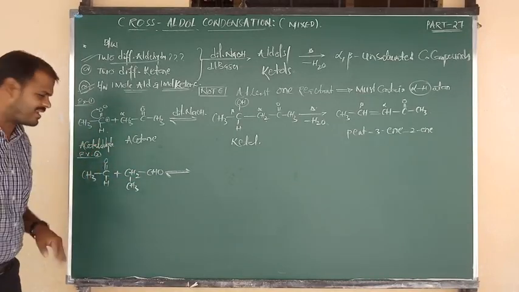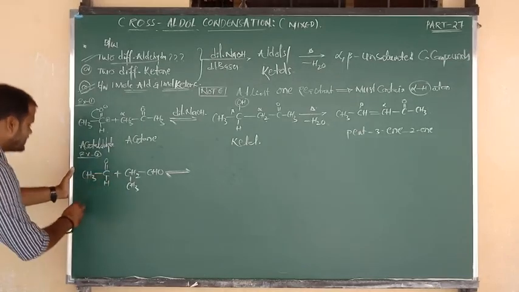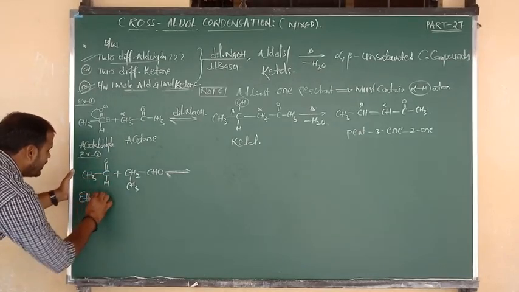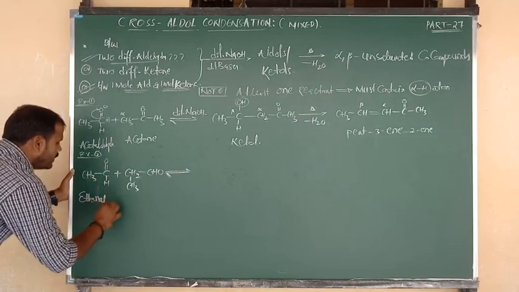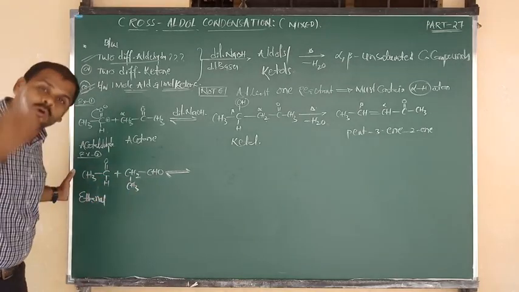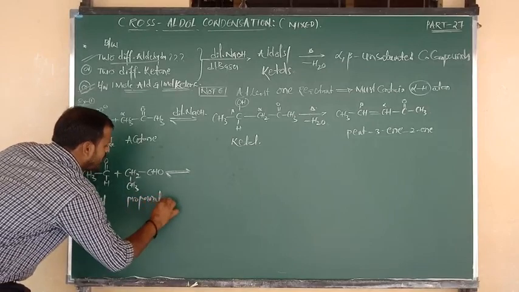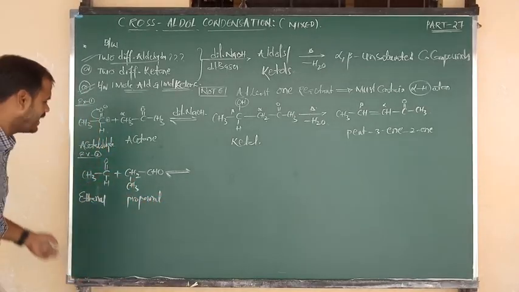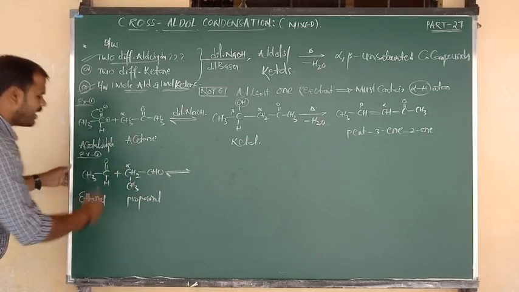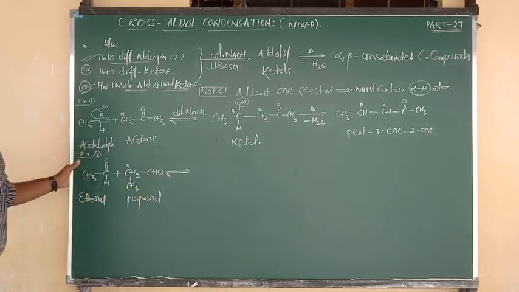I hope you understand. So the 2 carbon one is acetaldehyde, also called ethanal. The 3 carbon aldehyde is propionaldehyde, also called propanal. In both, the functional group adjacent carbon is alpha. Now what product are we going to get?